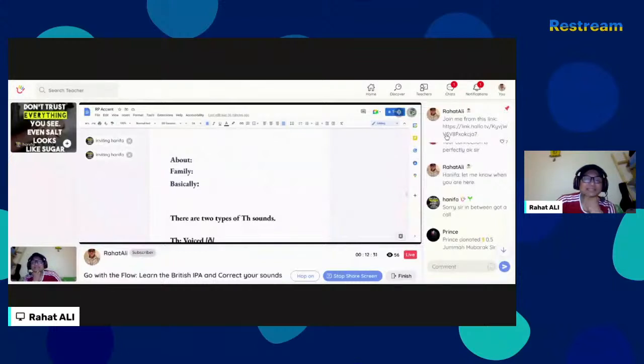Okay, then family, again, basically, this is for practice. Please make sure whenever you learn anything from anyone, it doesn't matter whether it's a student or a teacher, make sure you practice it. Practice is a key factor for your development, for your success. Practice gives you motivation. Practice makes you move forward.